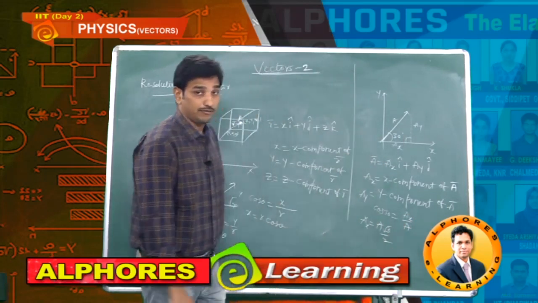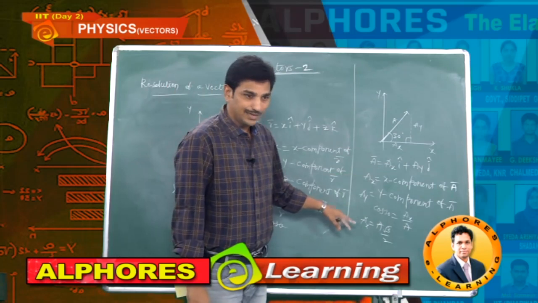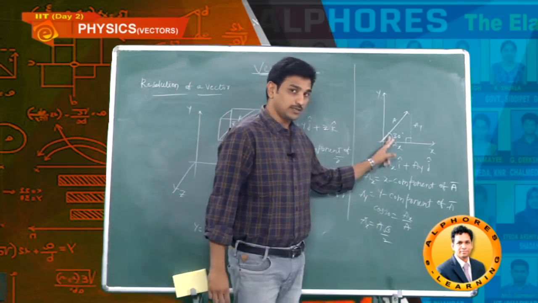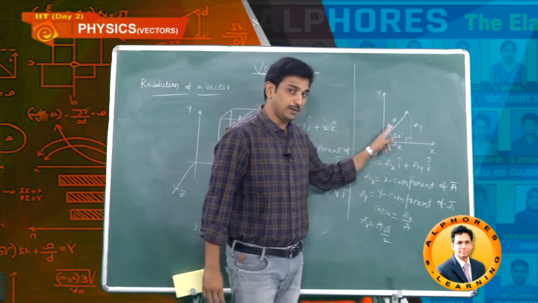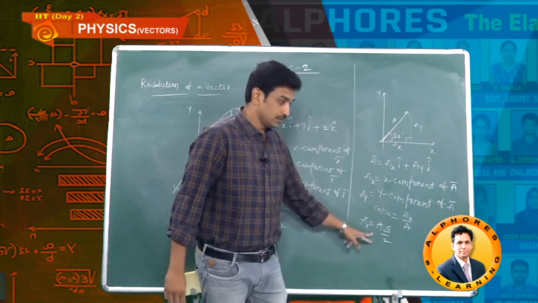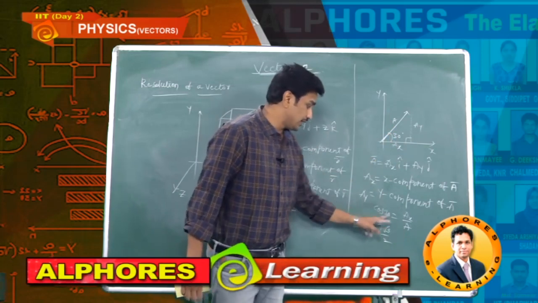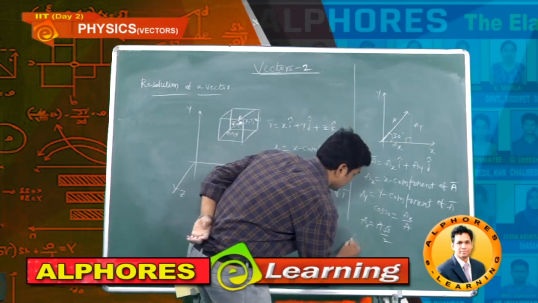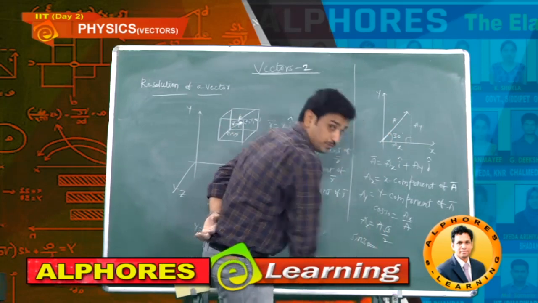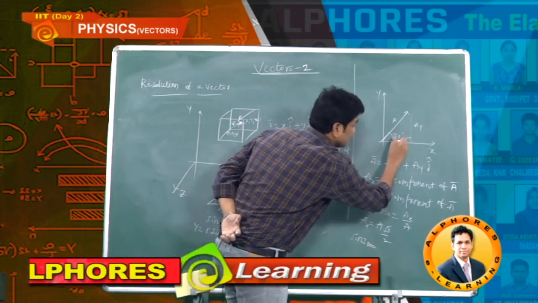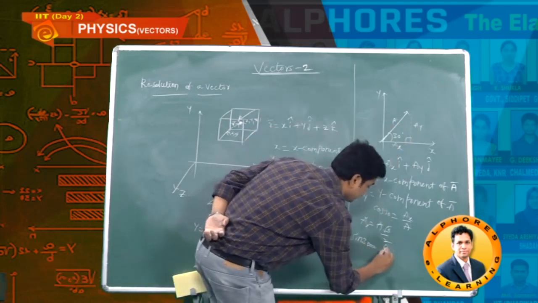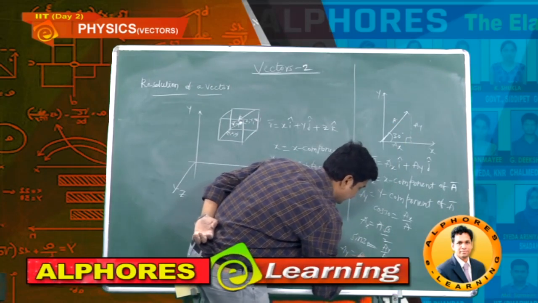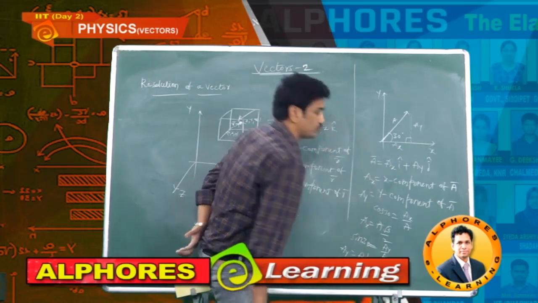The x component of A bar I didn't know, but I calculated it with the help of trigonometry. Now similarly, sin 30 is equal to opposite by hypotenuse, Ay by A. What is Ay? A into sin 30, which is 1 by 2, so A by 2.